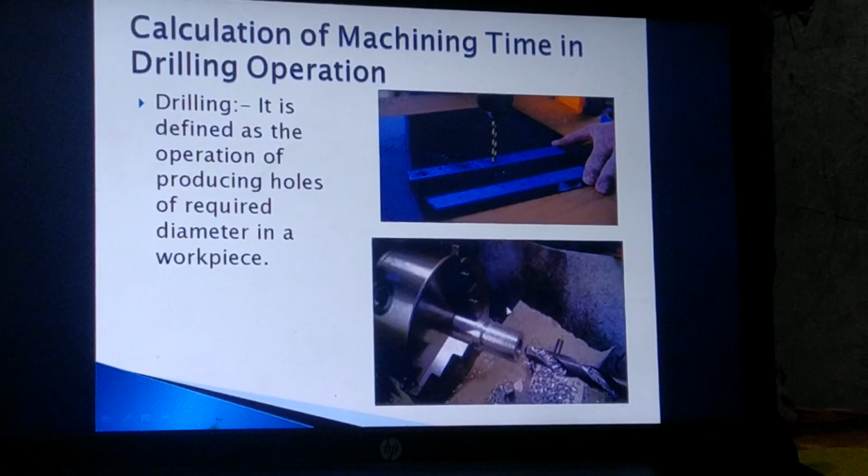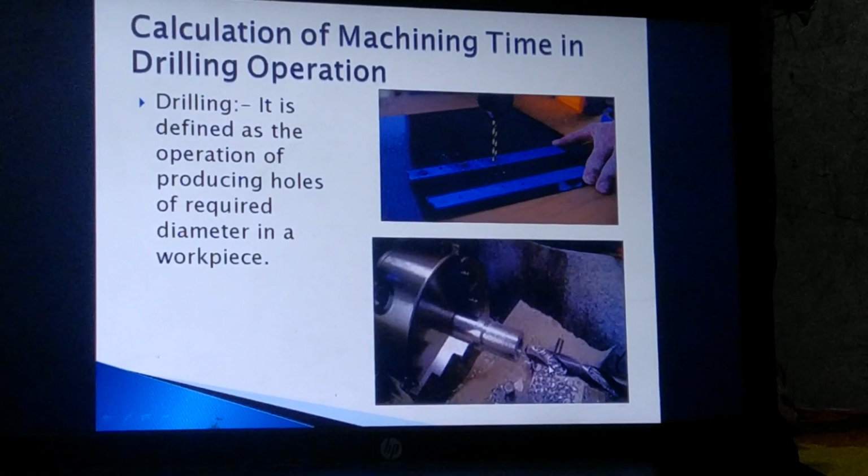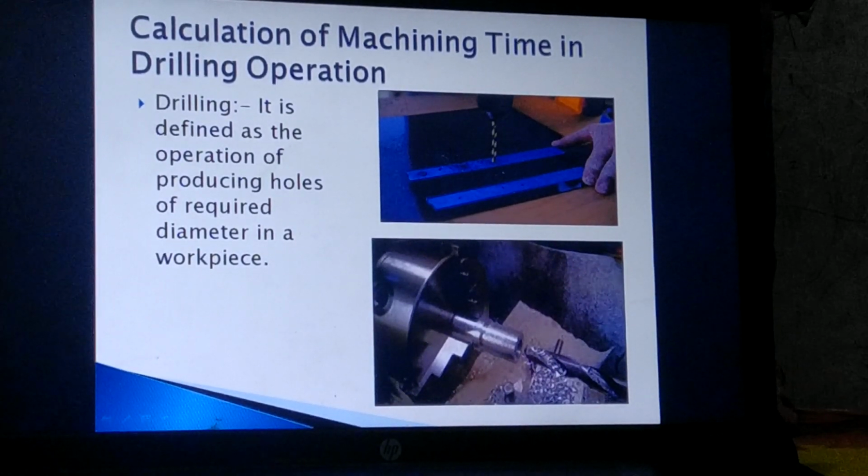The job is held in a three-jaw chuck and the tool, which is known as a drill, is held in the tool post. So in this way we can do drilling operations by two methods.